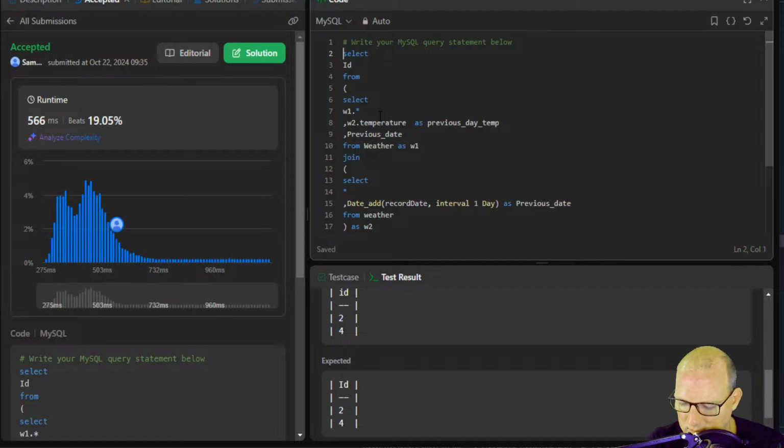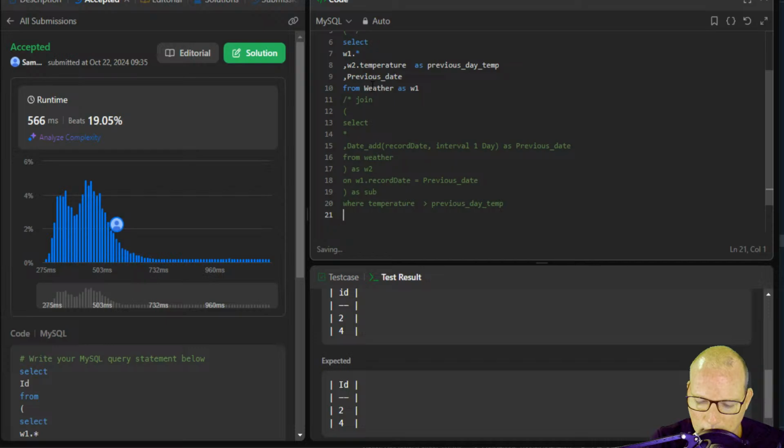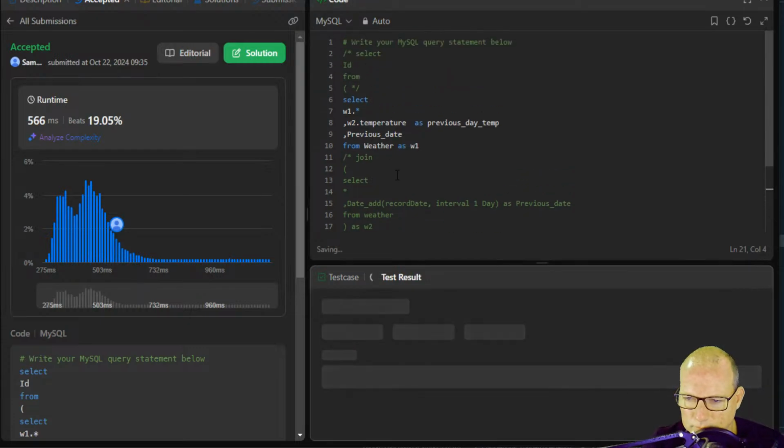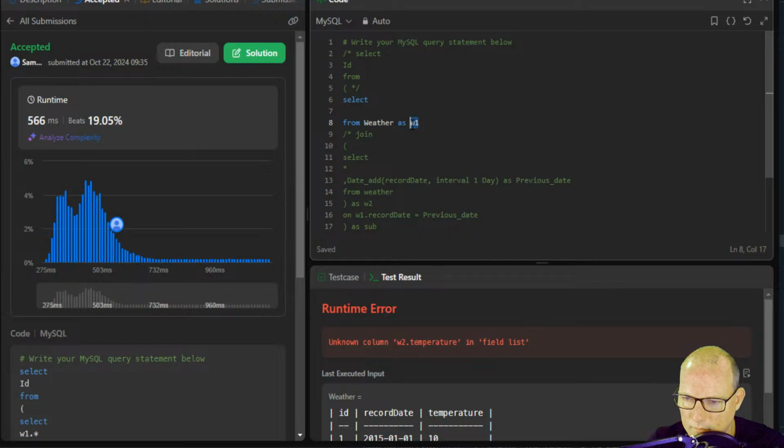Let's see if this works. There we go. Let's see if we can speed this up just a touch.